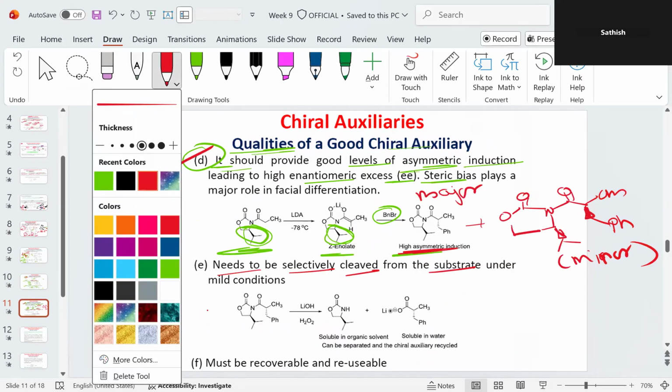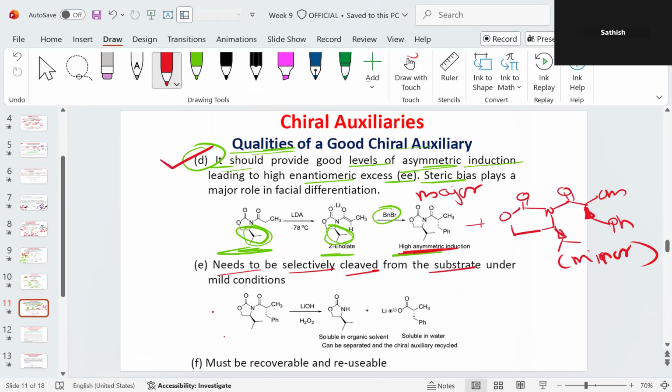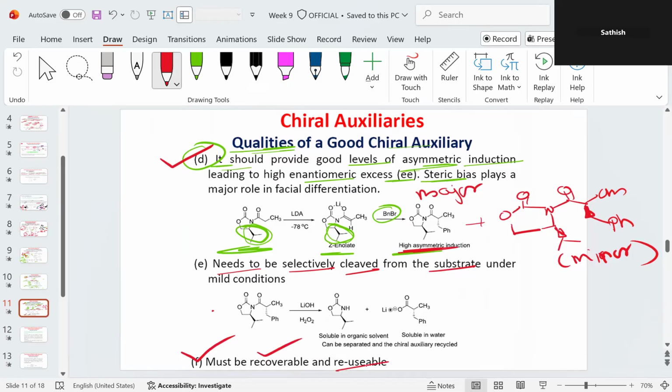And obviously if it is recoverable, then that will be a further advantage. We can reuse that one. So if it is reusable, then it will again be a good quality of a good chiral auxiliary.